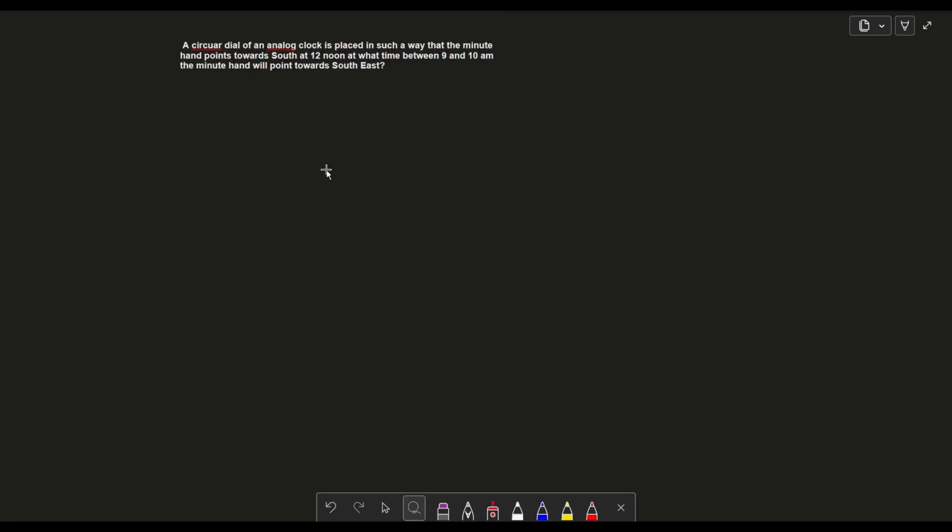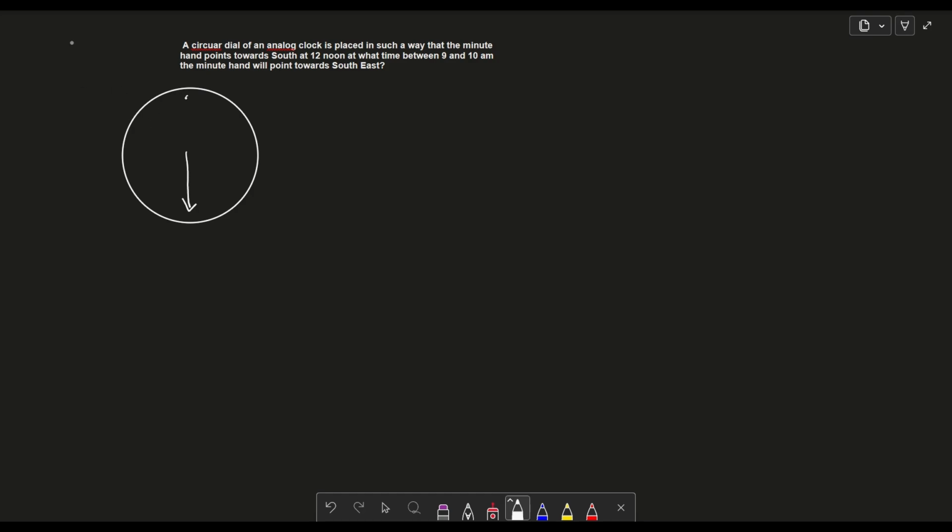You can see the problem on your screen which says there is an analog clock in which at 12 noon its minute hand points in the south direction, right? So let's draw a clock first. Its minute hand points in the south direction when it clocks 12 noon, right?